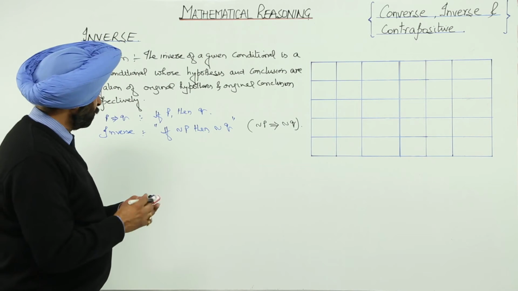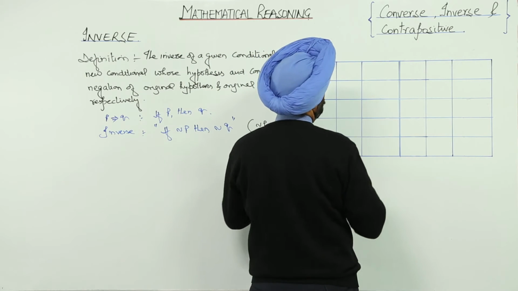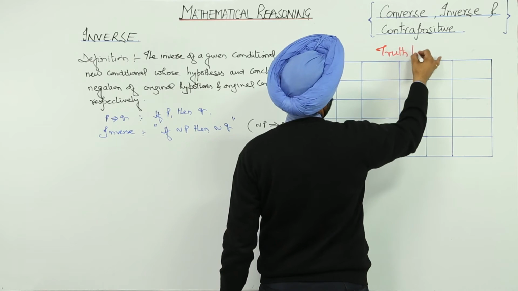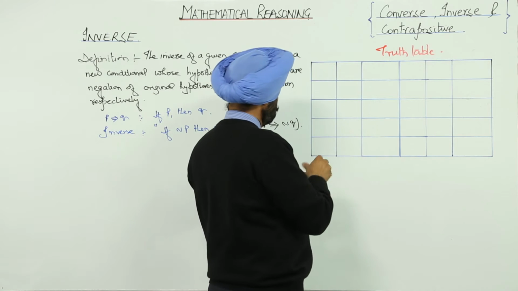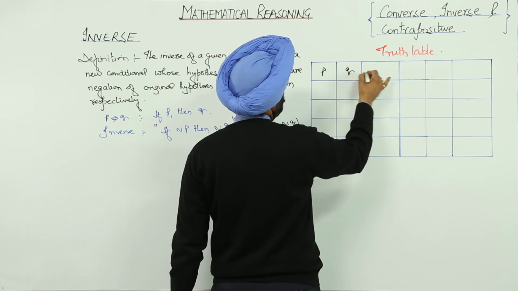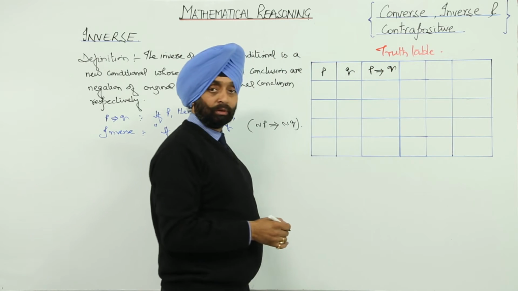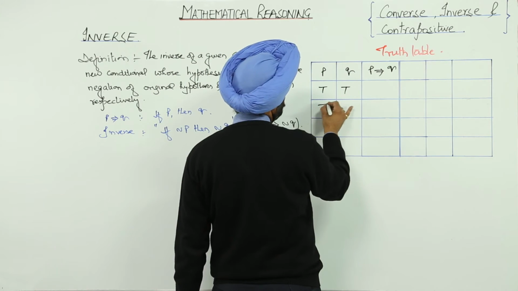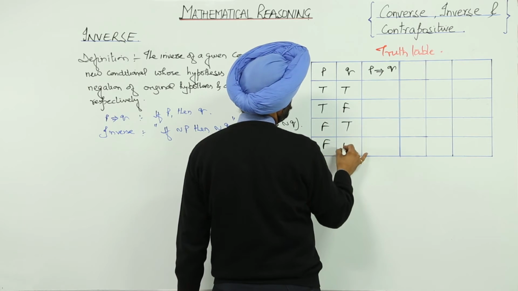Okay. Now let us go for the truth table. Now we are having P, Q and P implies Q. Okay. So we are already aware it will be both true, true false, false true, false false.